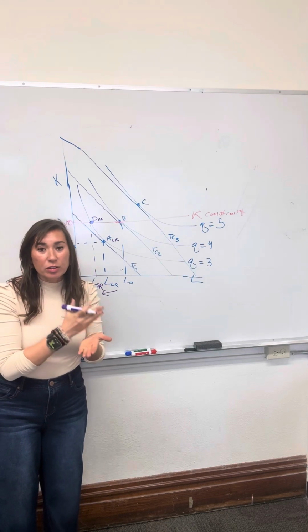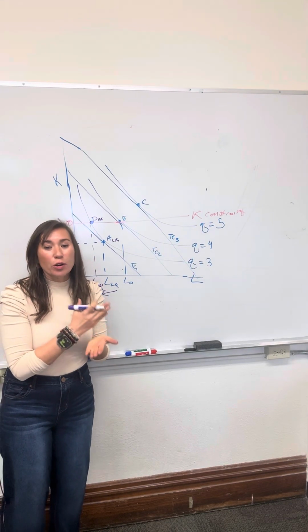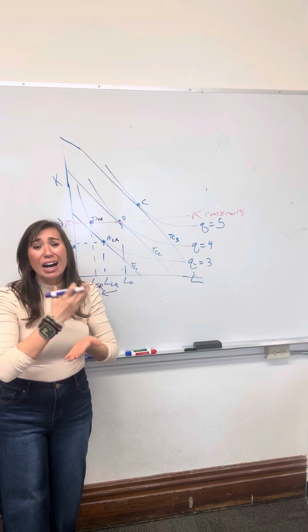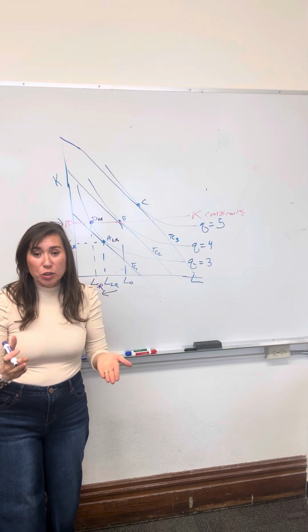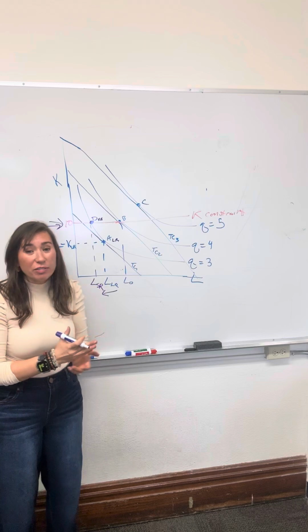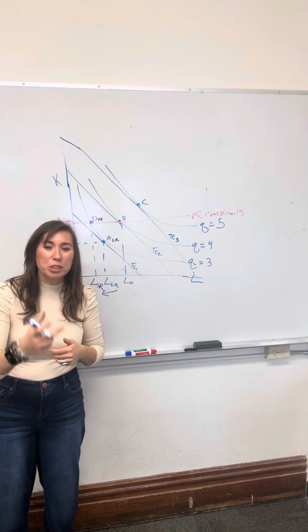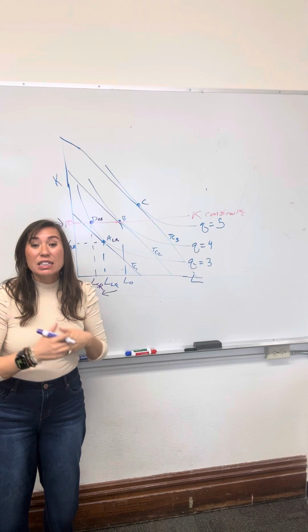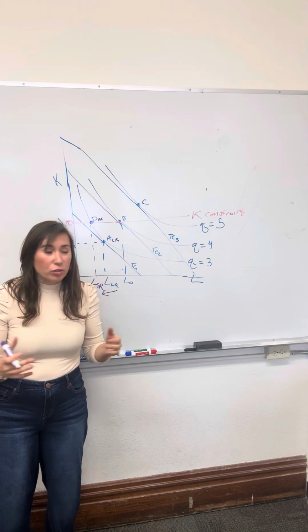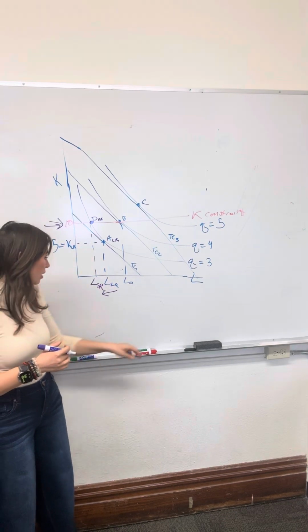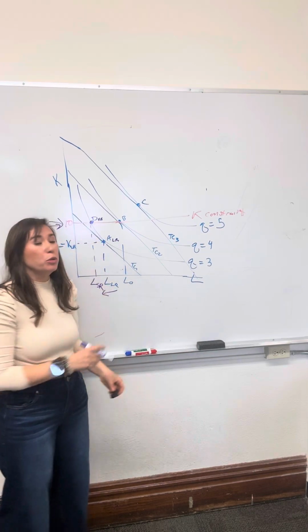And this is why in the short run, our costs are at best equal, but almost always higher than our long run total costs. And it's because we're often stuck with some amount of capital, some amount of land, some amount of machinery that isn't optimizing in the long run. And so we can mitigate that effect by doing this and moving to D.